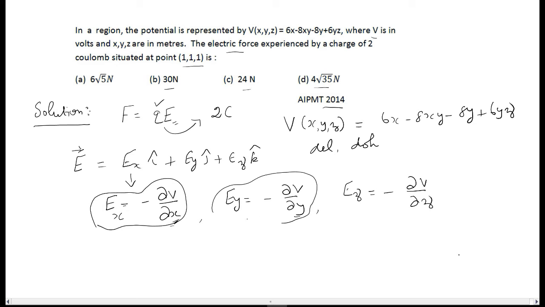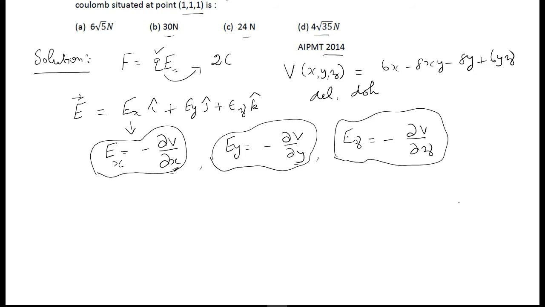For Ey you take y as variable, x and z constants. For Ez you take z as variable, x and y constants. So we have to now partially differentiate this.